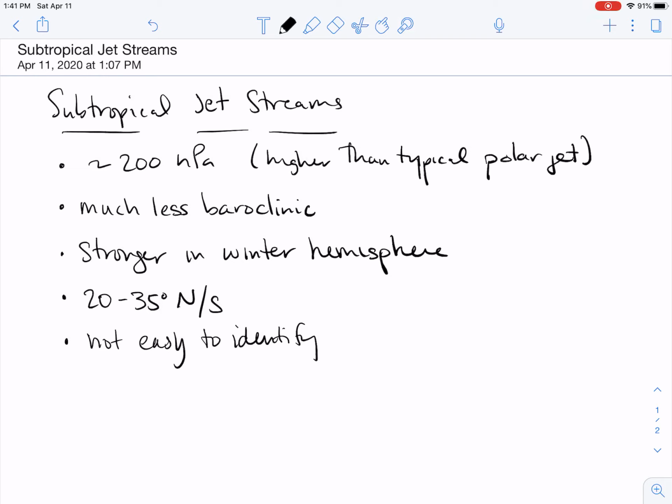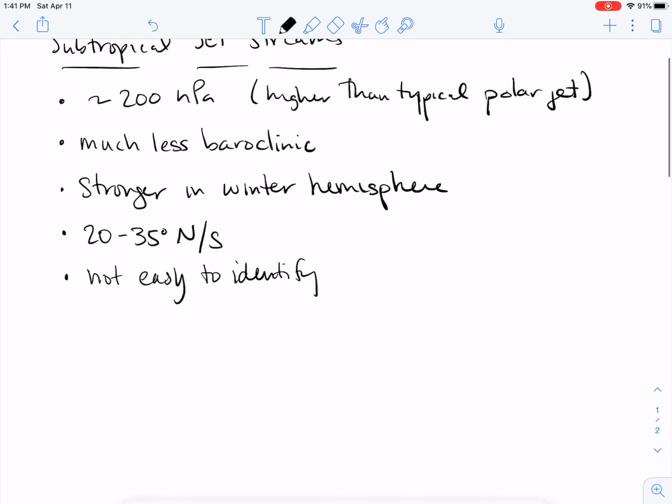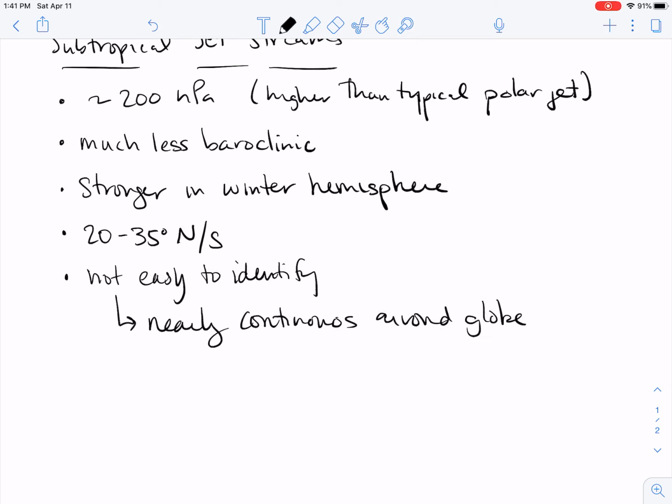And so why do we get this subtropical jet stream that is nearly continuous around the globe? Part of this goes back to things related to the thermal wind balance. The only way we can really see the subtropical jet stream is if we look at zonal time averaged flow across a hemisphere. Okay?